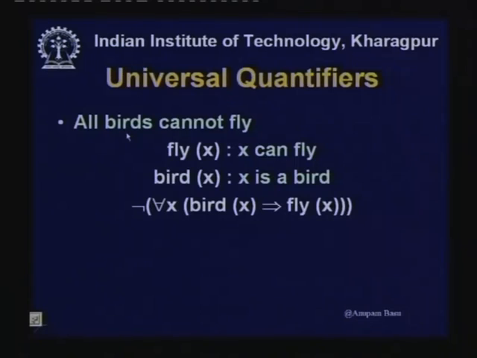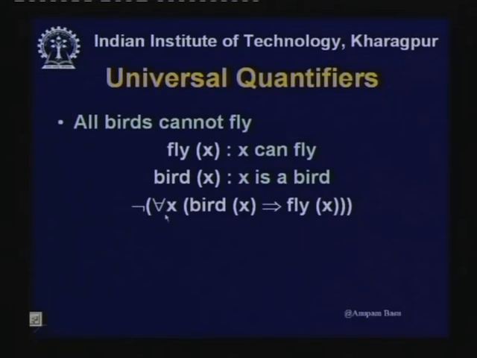Now, how can you do this? The next statement, all birds cannot fly. Suppose we decide that fly x will denote x can fly, and x is a bird is denoted by bird x. All birds cannot fly. Therefore, it is not the case that for all x, bird x implies fly x. Forget about the not part right now.